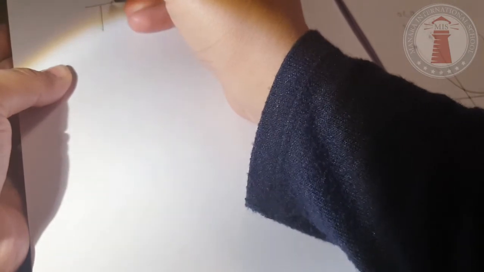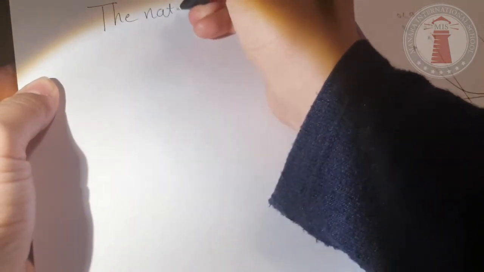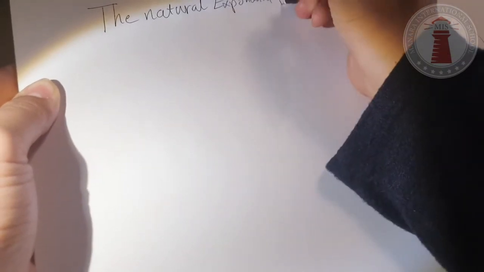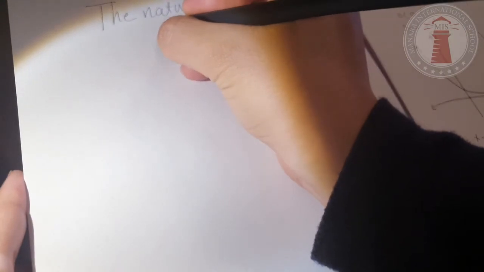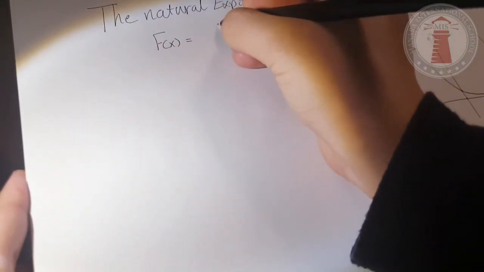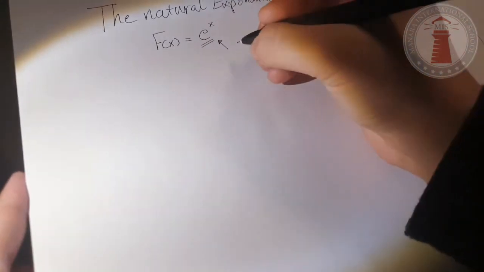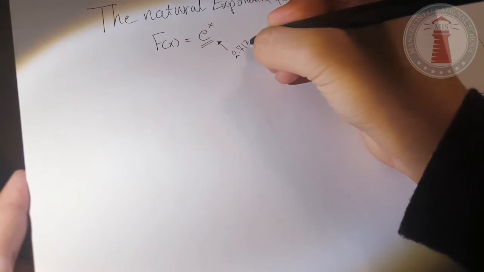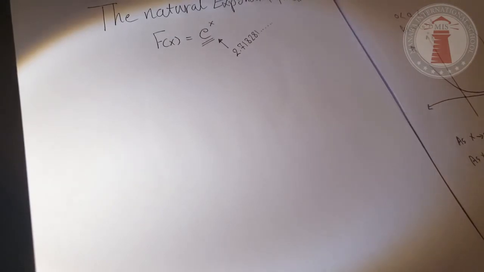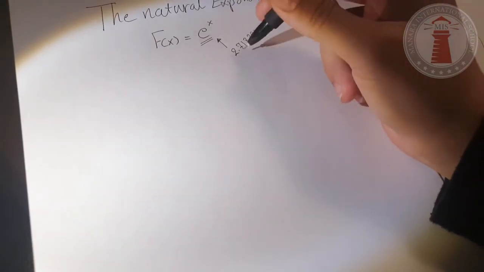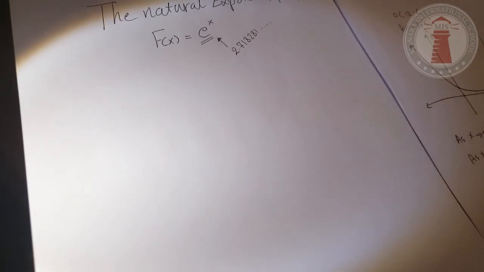The natural exponential function is, instead of having f of x equal to a to the power of x, we will be having e to the power of x, where e is a number equal to 2.718 and it has a million or more accurate digits that were found, because it has a certain formula for this, and the details about this number will be given to you later on.